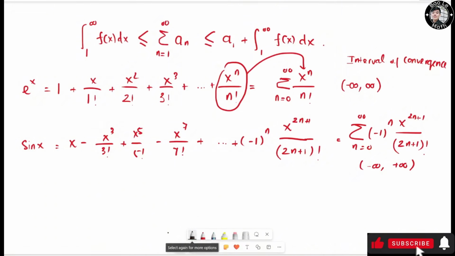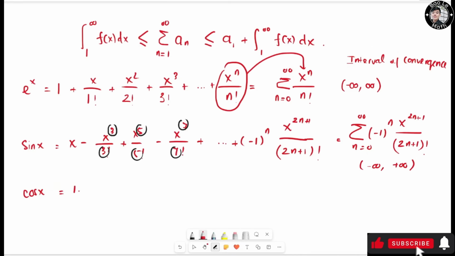Now here's the trick to memorize the sine and cosine. Remember, sine is an odd function, so you will see the odd numbers right here, right? Now cosine is an even function, so you're going to see the even numbers.